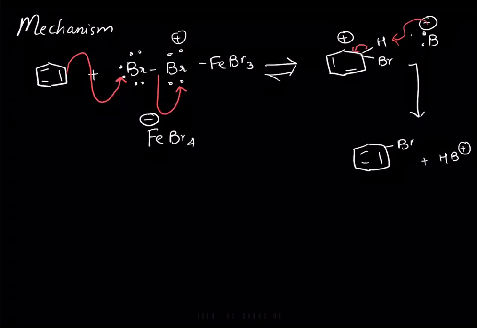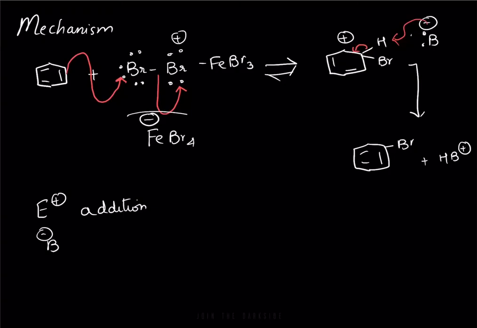Okay, so in all of these reactions, you can tell that the first step is the addition of the electrophile. And in the next step, the base, either from the reaction mixture or the one that is generated from the electrophile, is going to abstract the hydrogen.